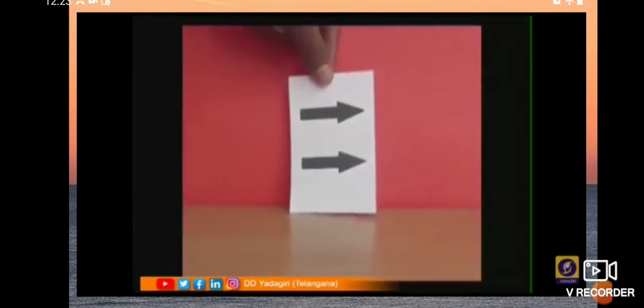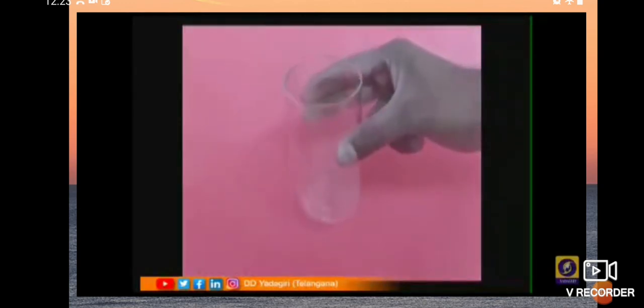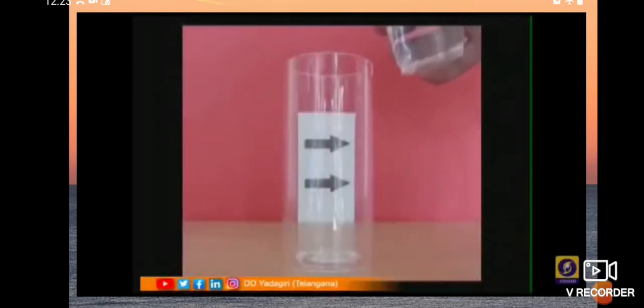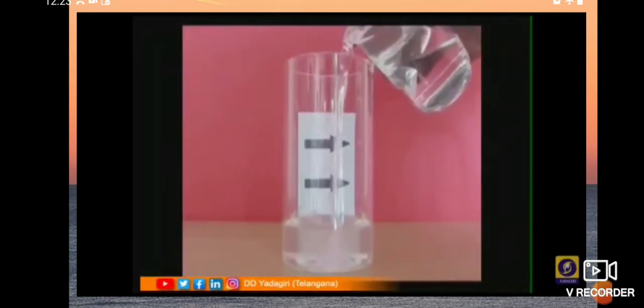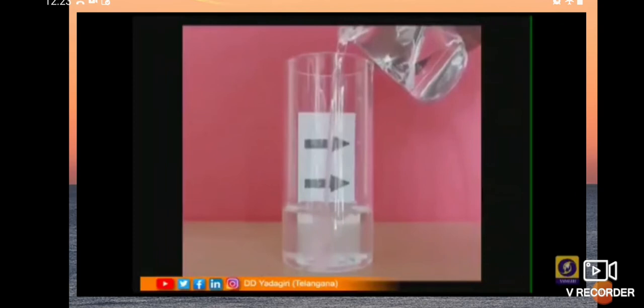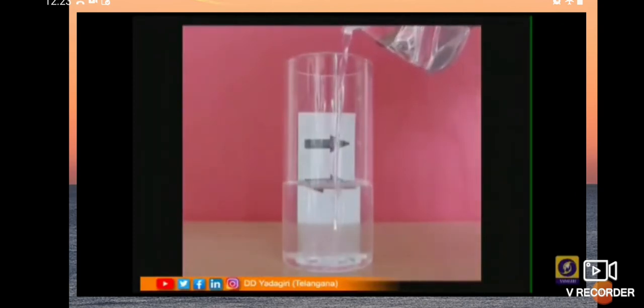Take an empty glass tumbler and keep it in front of the arrows. You can observe the diminished image of the arrows, then try to pour some water into the glass tumbler. Observe it carefully.